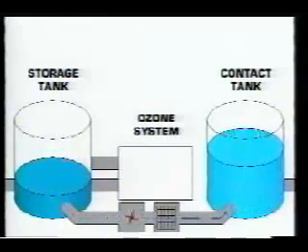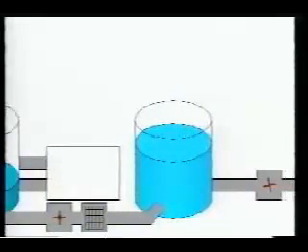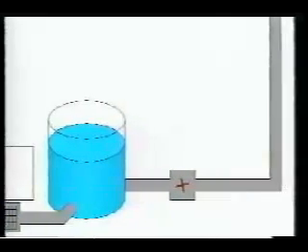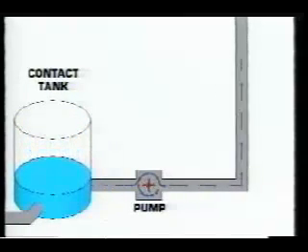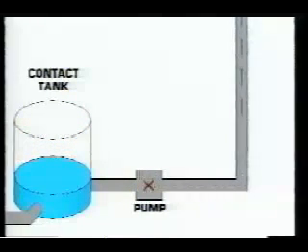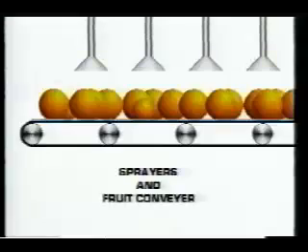This supplies the contact tank with clean water. This water is now ready for recirculation and reuse in the packing house's washing system.